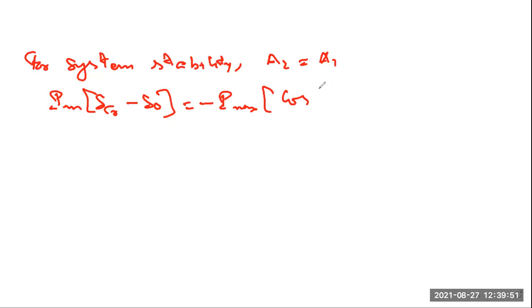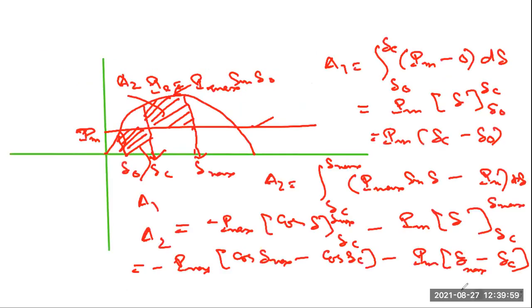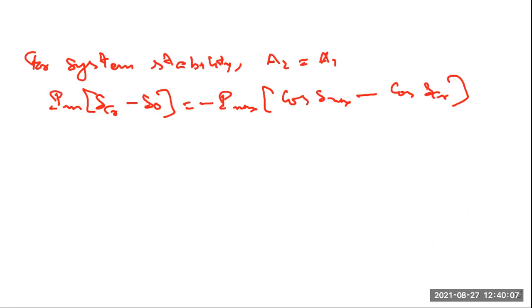So cos of delta max minus cos of delta CR. Okay, and then we have minus PM into delta max minus delta C. So minus PM delta max minus delta CR. So cos of delta CR you have to calculate.